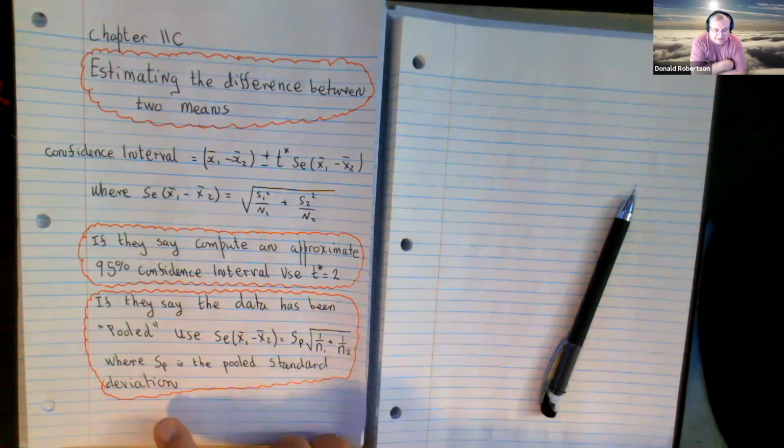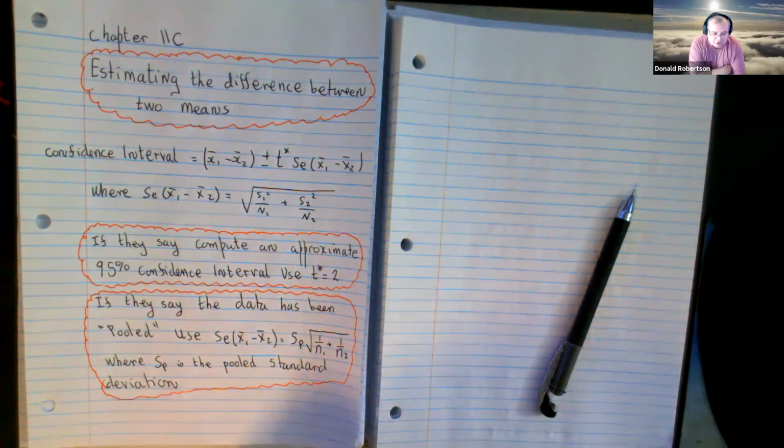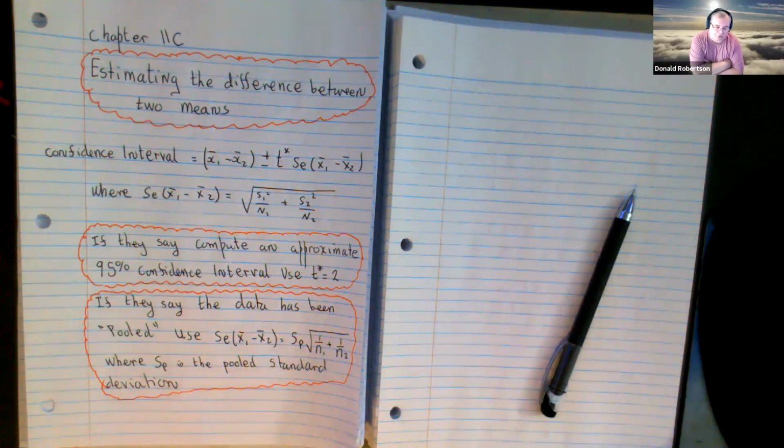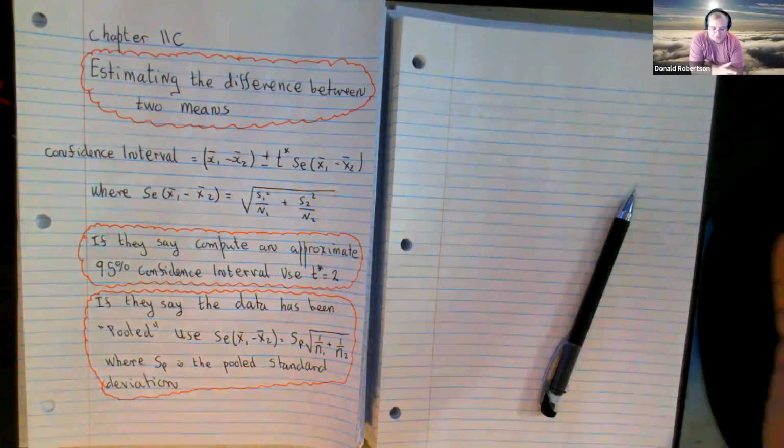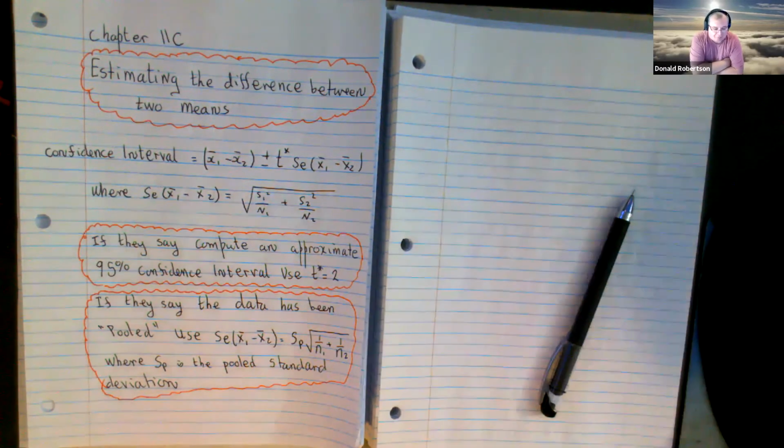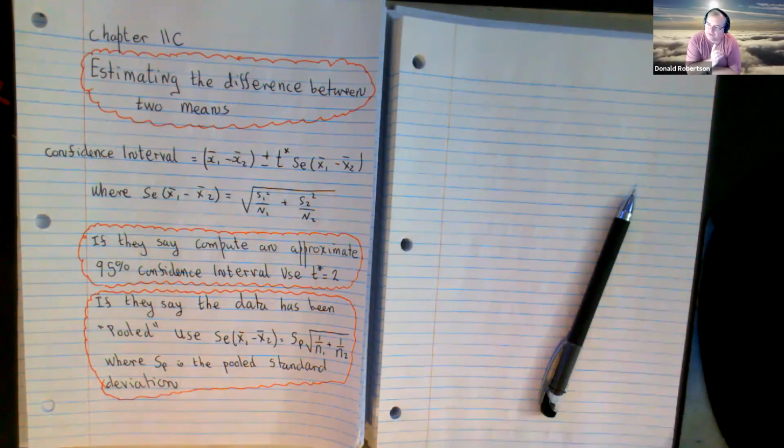And S_p is the pooled standard deviation. You will recognize that question because it'll stick out like a sore thumb. It will tell you a story about two different populations and two samples from those, and they pooled the data, and the pooled standard deviation was 22. There'll just be one standard deviation, the pooled one. I don't like pooled data for the same reason I don't like it when it's proportioned, but it can be useful at times, so it's there.